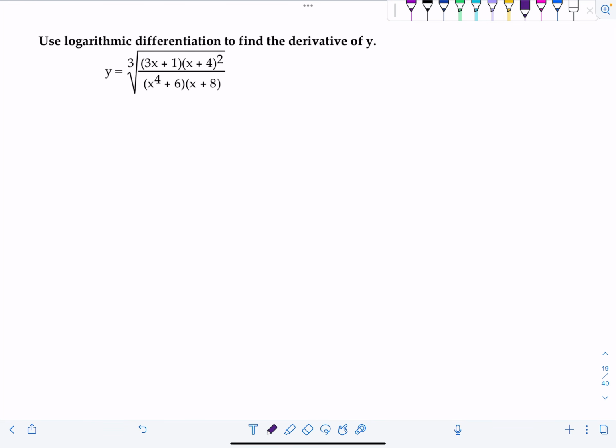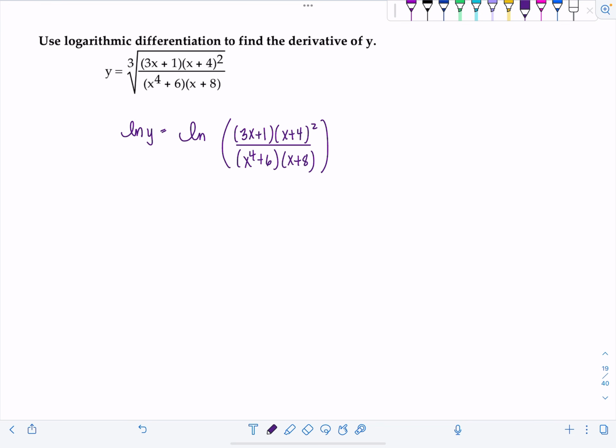Okay, so to start off, you take the natural log of both sides. So ln of y equals ln of, and then I'm already going to get going because I know I want to use my log properties to rewrite this nicer. So instead of cube root, I'm going to rewrite the argument raised to the 1/3 power. And the whole point of doing that is so I can move that 1/3 exponent to the front of my natural log.